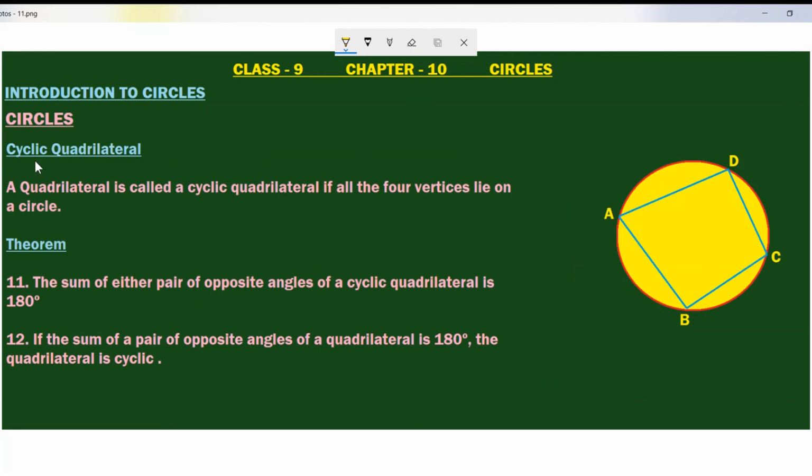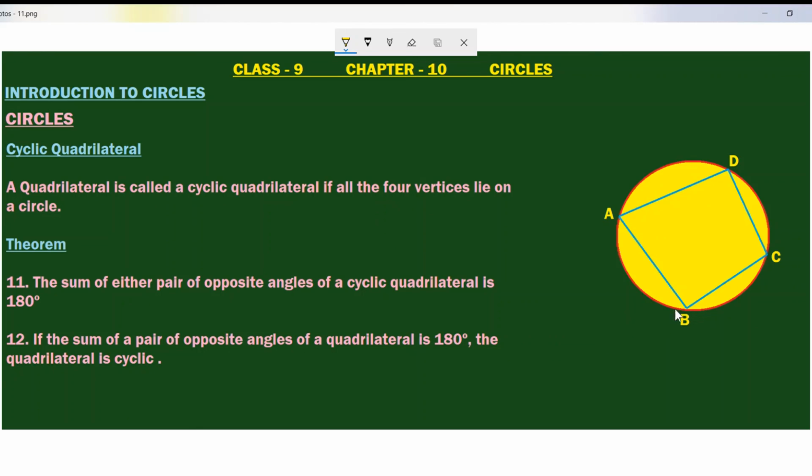Got it? Cyclic quadrilateral. What is a cyclic quadrilateral? A quadrilateral is called a cyclic quadrilateral if all four vertices lie on a circle. See, here we have taken one quadrilateral A, B, C, D. The quadrilateral's vertices lie on the circle.